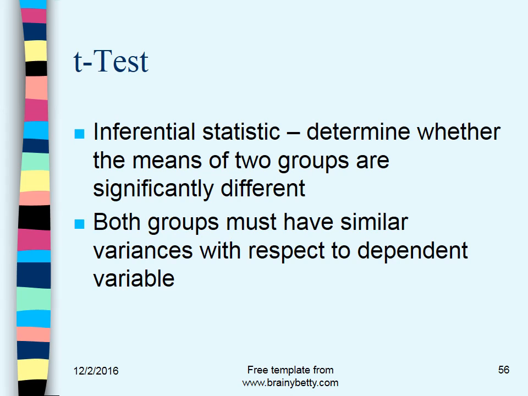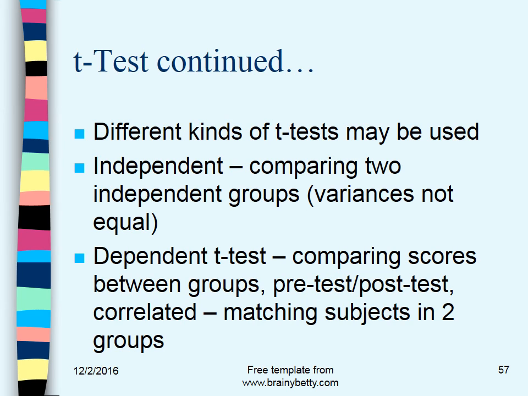So if you're using the same groups to do a pre-test and a post-test, a t-test is perfect for you. There are two different kinds of t-tests that might be used. I always want to call them t-test, and that's not correct.